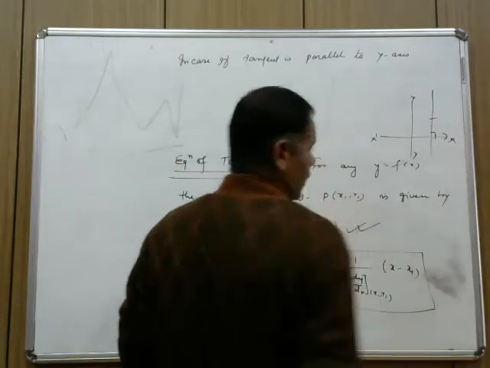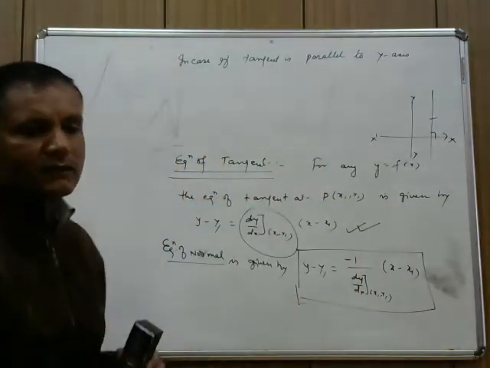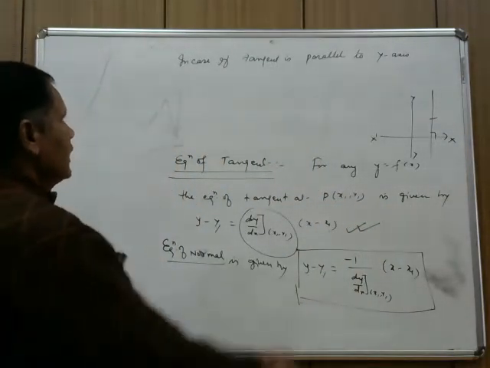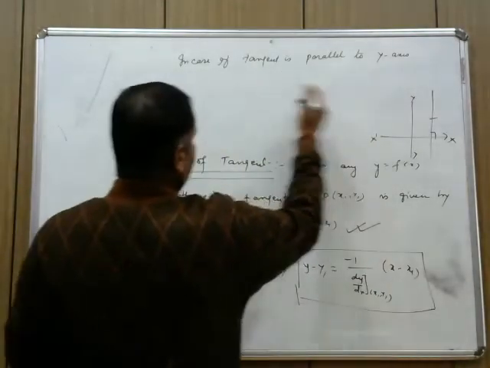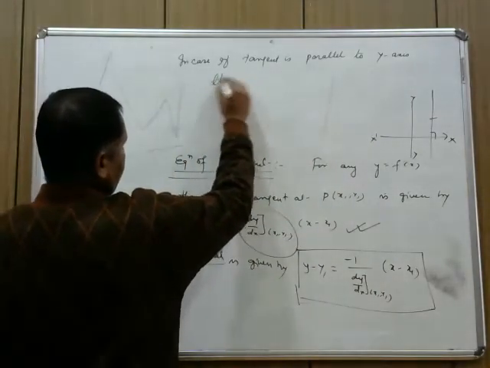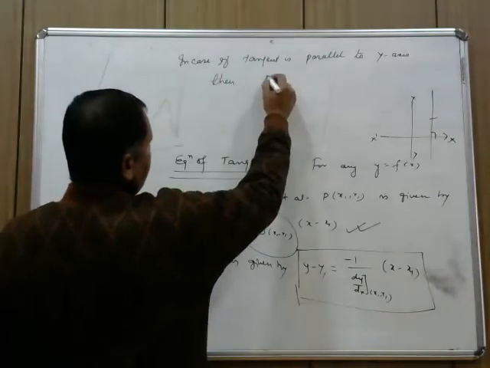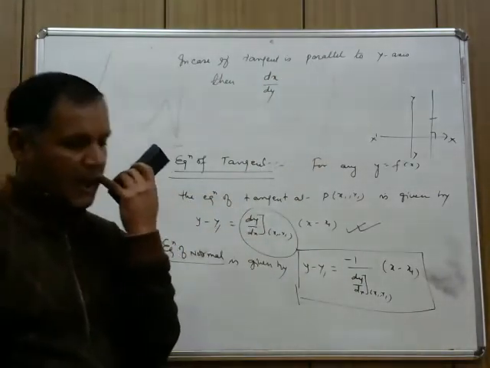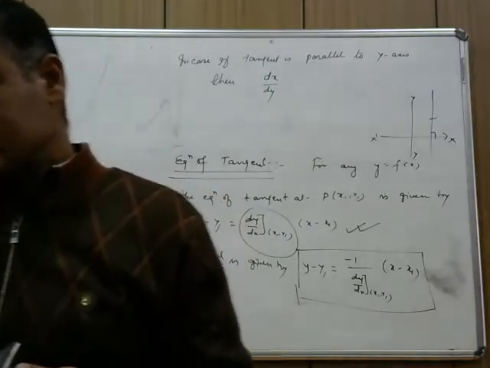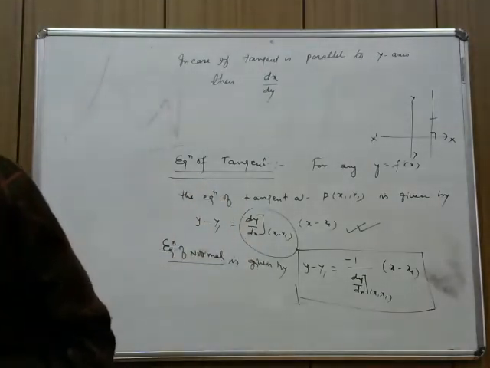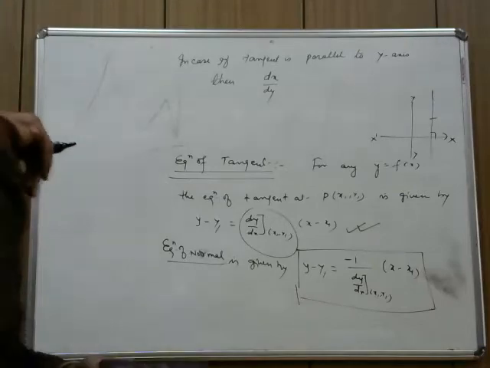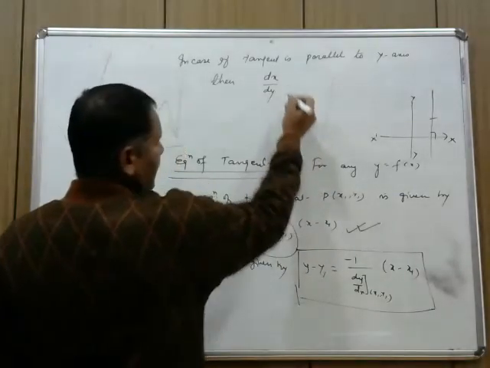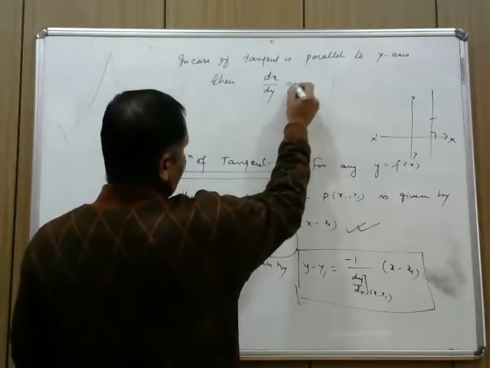That means the angle is 90, and we know tan 90 is not defined. In that way, in case the tangent is parallel to the y-axis, then dx by dy, not dy by dx, then dx by dy at that particular point will be equal to 0.